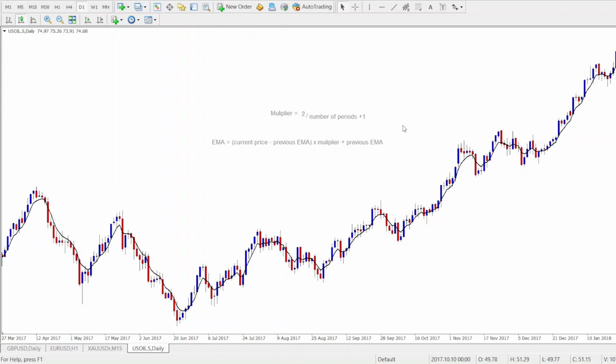It's as easy as that. You have the current price, $56, minus the previous EMA, then multiplied by the multiplier, 0.333, which we already calculated, then plus the previous EMA. That gives you the updated EMA.